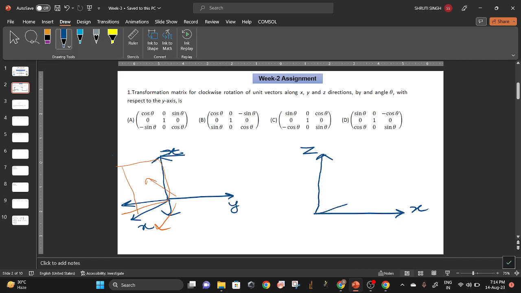If I take one position vector here before transformation, let its coordinate be x1, z1, and the other one after theta degree rotation be here, with coordinate x2, z2. Where is the z axis? Where is the y axis?